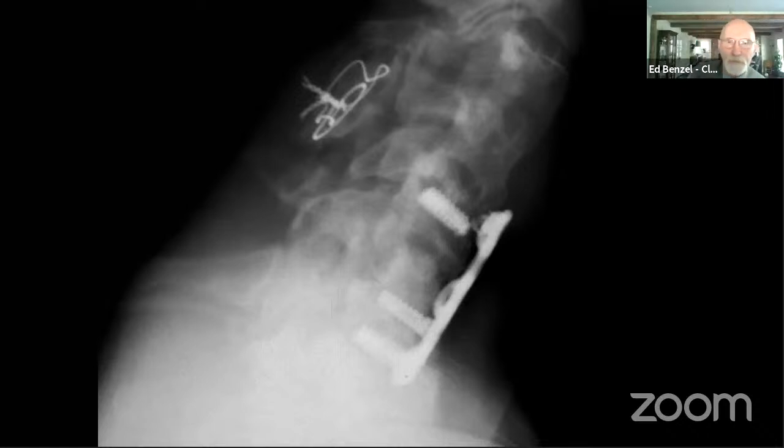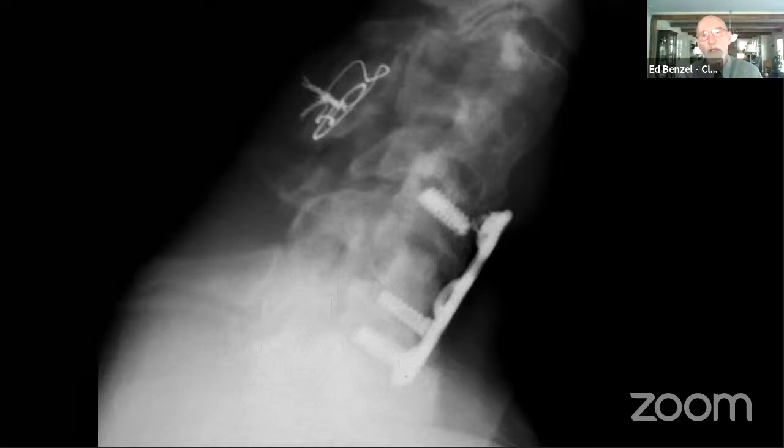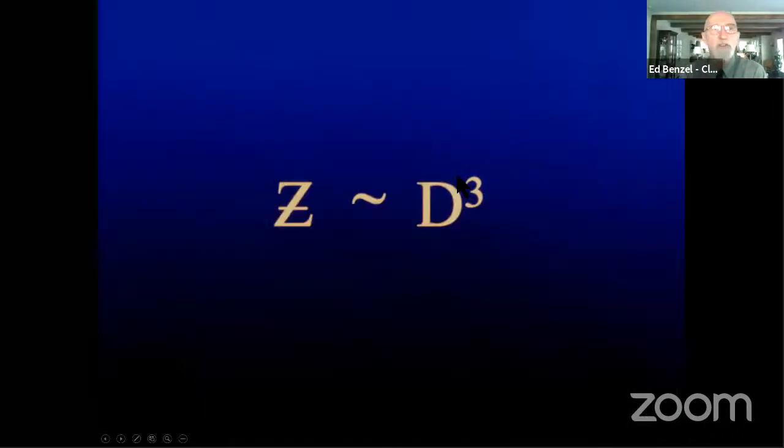Screws fracture in interesting ways. This is a fractured screw at its base, and this is a screw that fractured near its tip. We might ask the question, why did that happen? And it gets back to some fundamental principles of biomechanics that have to do with section modulus.